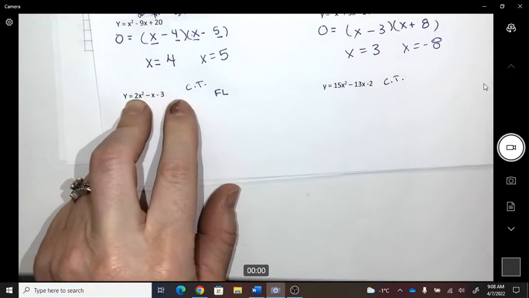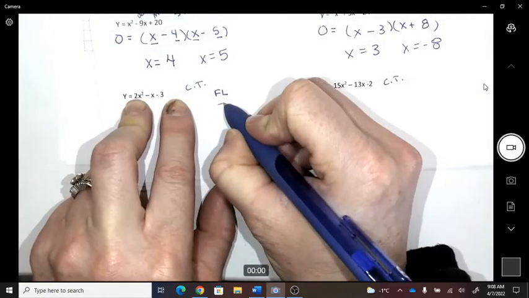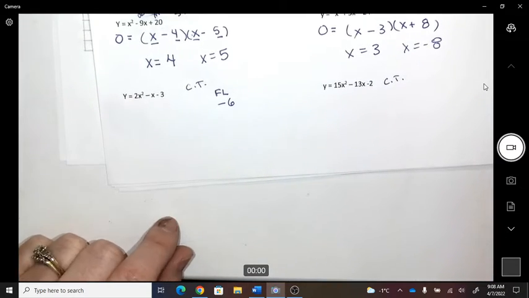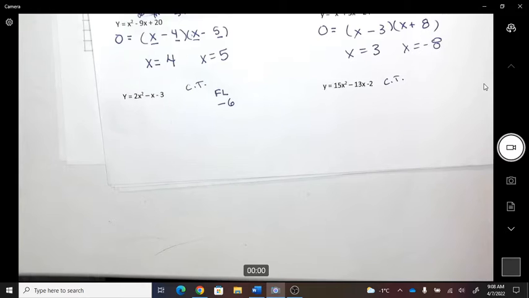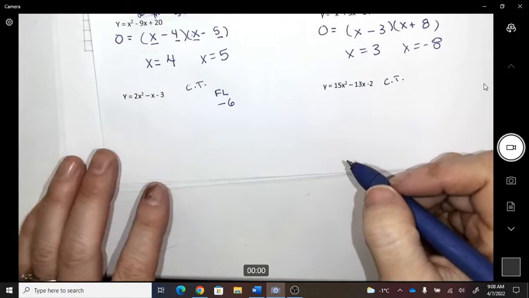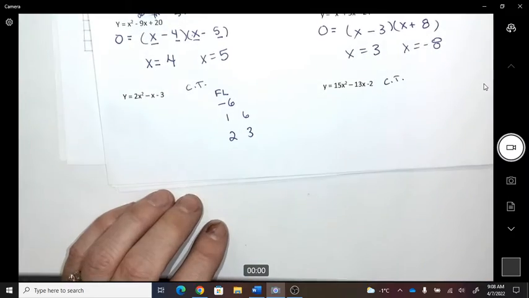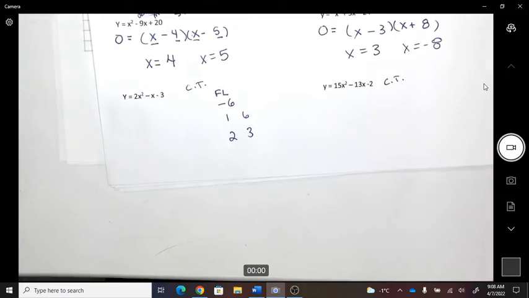So the first times the last will be -6. 2 times the -3. So I'm going to make a list. I could go 1, 6, or 2, 3. Those are the only options to get 6.